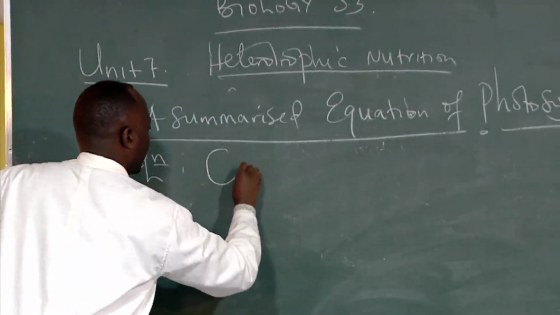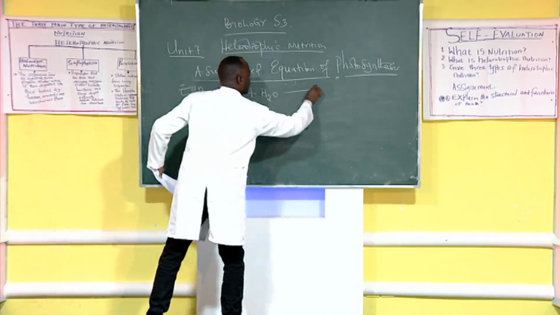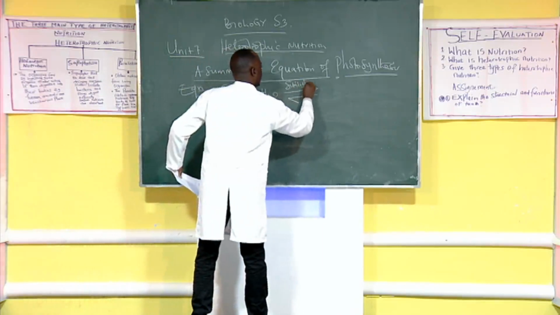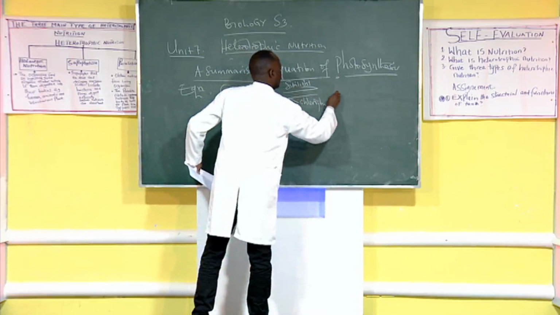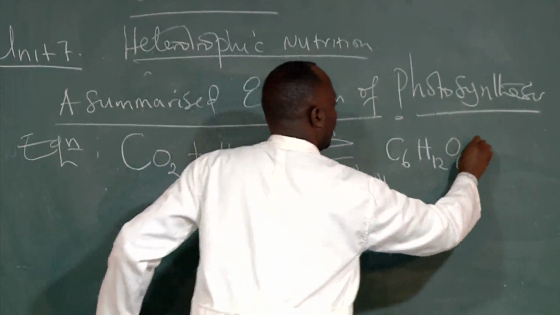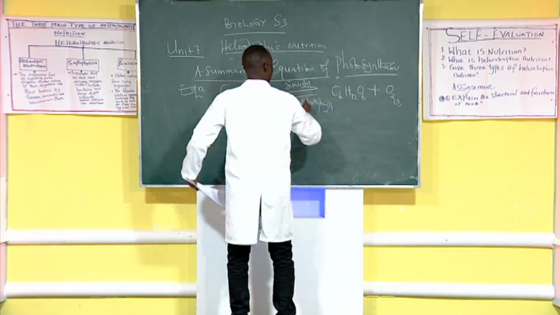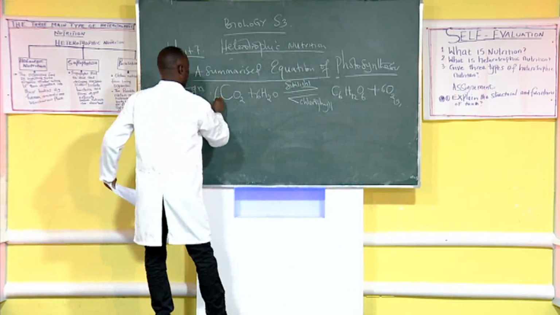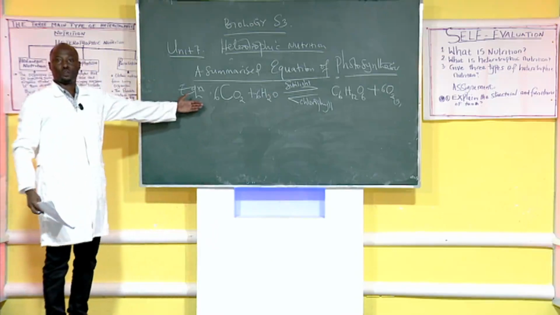You have carbon dioxide plus water in the presence of sunlight energy and chlorophyll, giving C6H12O6 plus oxygen, which is given out as a byproduct. Remember to balance the equation. 6, 6, 6. Yes, students, that is the equation of photosynthesis.